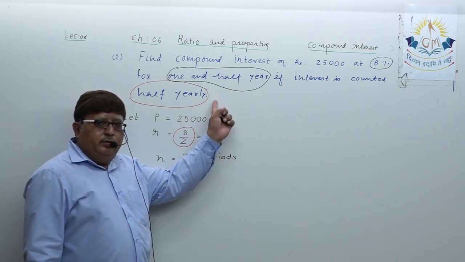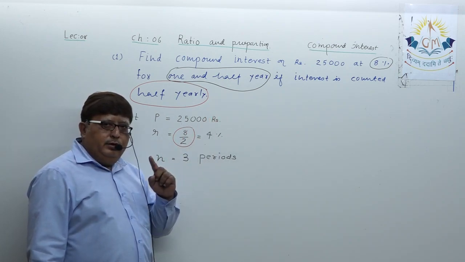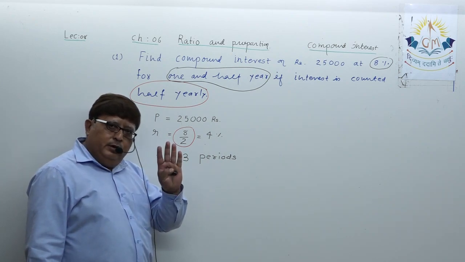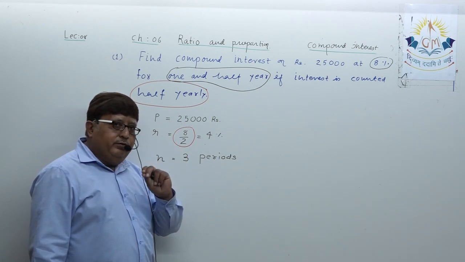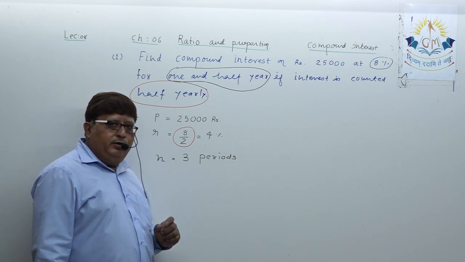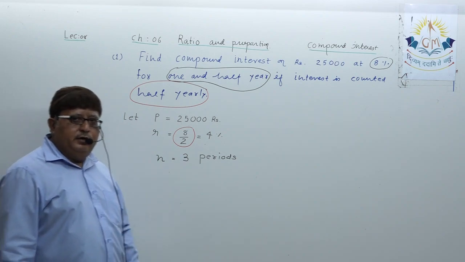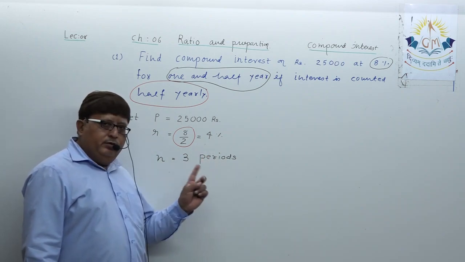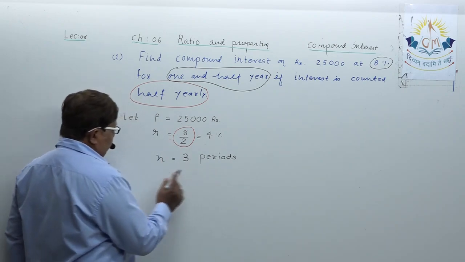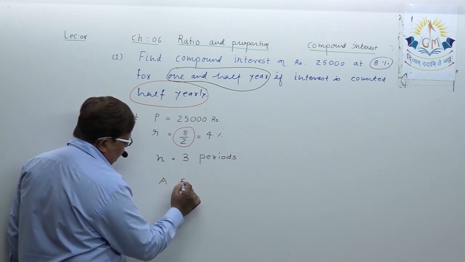Suppose here they have written 2 year. The 2 year include how many periods of half year? 4 periods. This way you need to place the value of n. So you need to be very conscious regarding this. 1.5 years, 3 periods of half year. Okay. Now dear student, formula, no change in the formula.